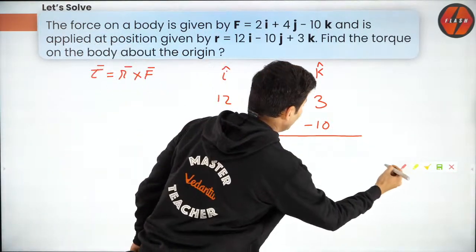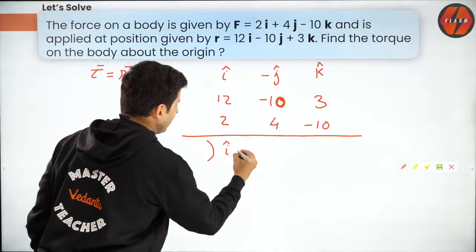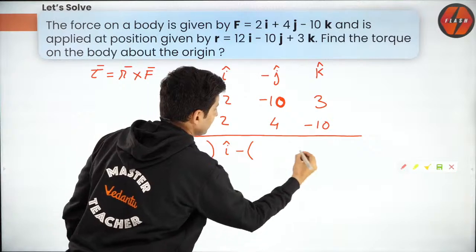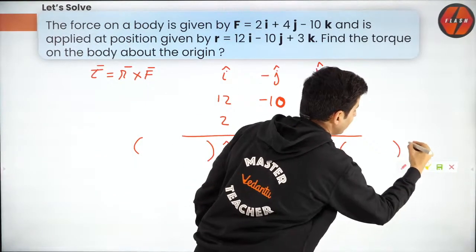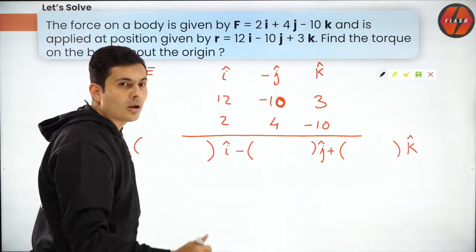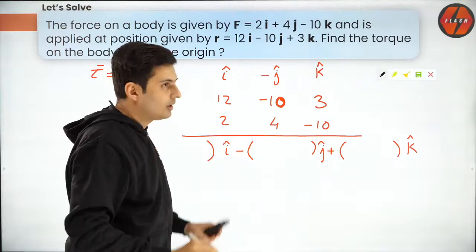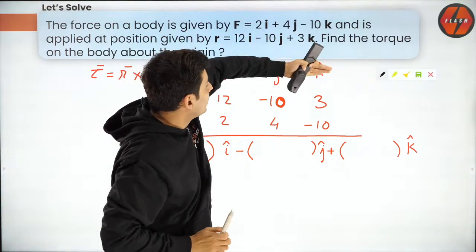Okay. Now, I hope this is clear till this point. Now, what you need to do is write down I cap, just put some brackets, then put minus J cap, and then put K cap over here. Now you just need to fill in those numbers. How do you need to fill in? Here is the logic. For I cap, ignore this column and ignore this row.